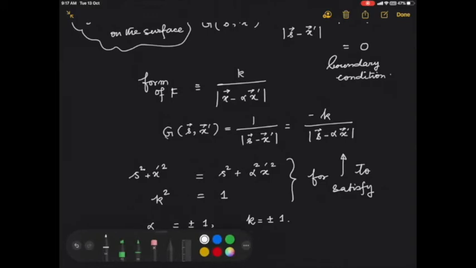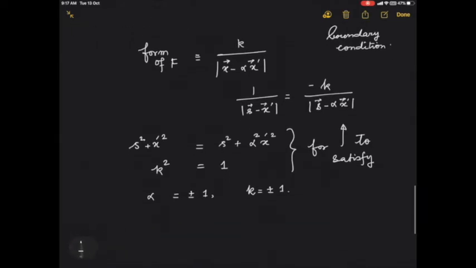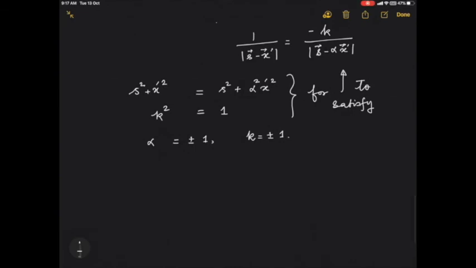Okay, and remember that you have to satisfy this. This is not equal to G anymore. So I have to satisfy this. So let's see what I can get. Let's choose k equals 1 and alpha equals 1.